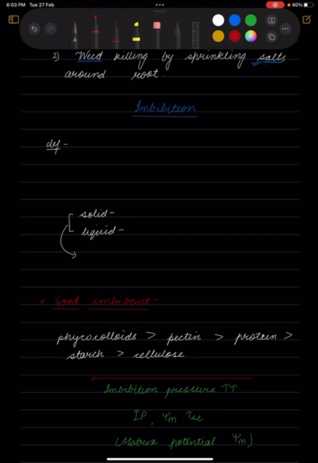So what is that? It is the absorption of water by hydrophilic solid substances without forming a solution.